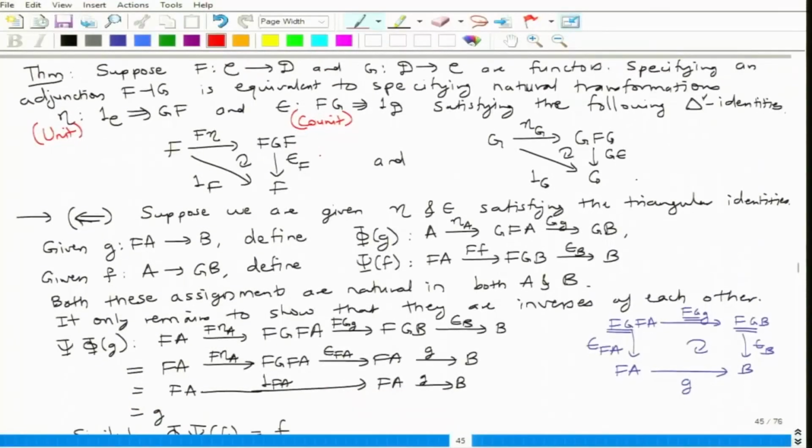But now it's the right time to connect it back with the original idea. The problem here is, if you see this particular theorem, the triangular identity theorem, then just having two natural transformations is not really sufficient. Yeah, in an equivalence of categories also, we have got two functors going in opposite directions and two natural isomorphisms, but these triangular identities are not necessarily satisfied by those natural isomorphisms.